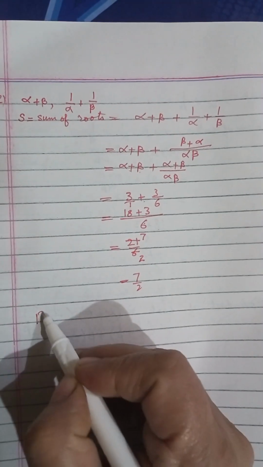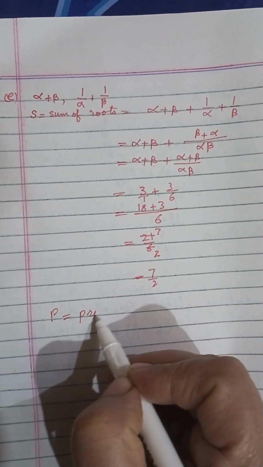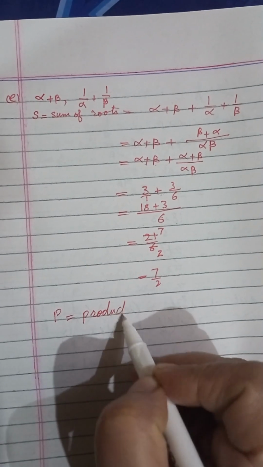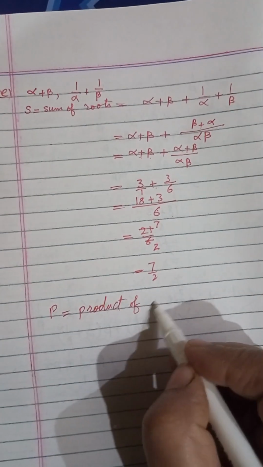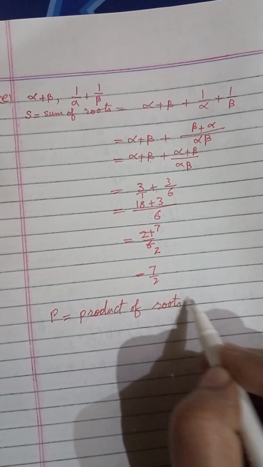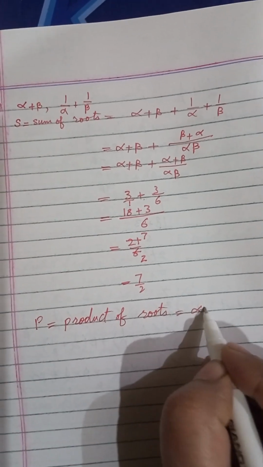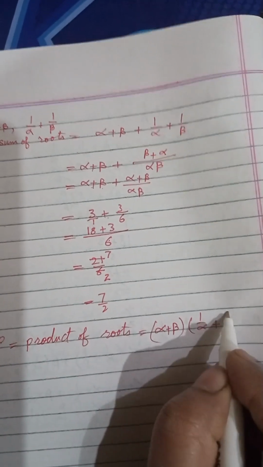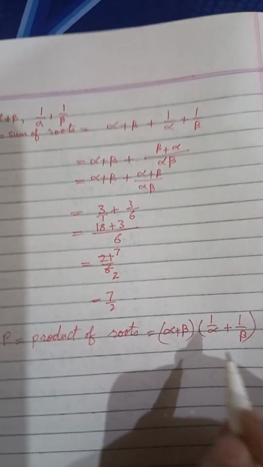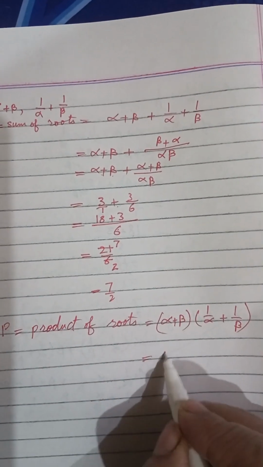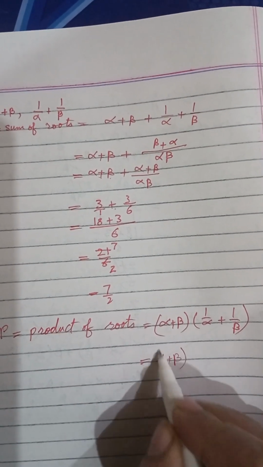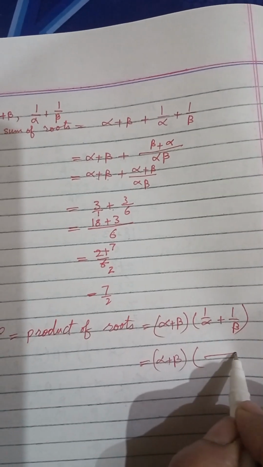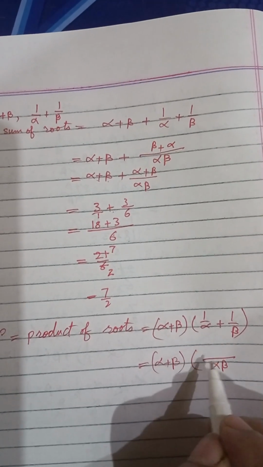Now product of the roots of the required equation is equal to (alpha plus beta) into (1 over alpha plus 1 over beta). Alpha plus beta, we have to solve it. Alpha beta LCM.